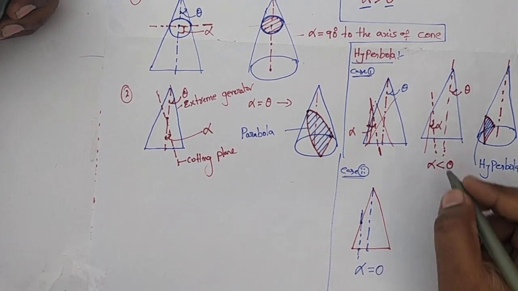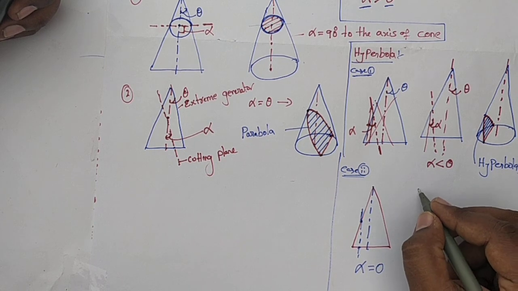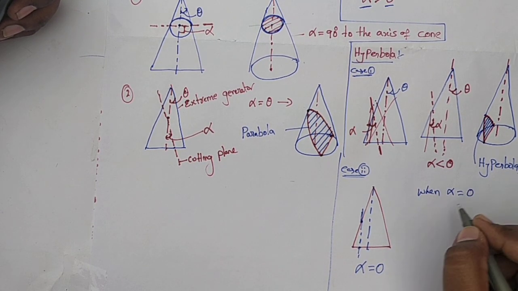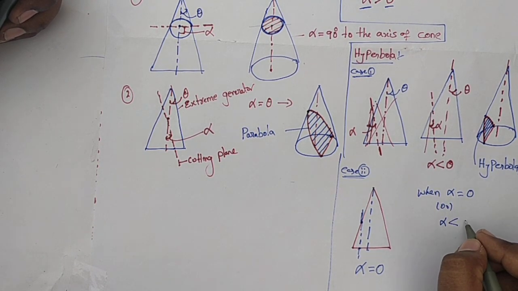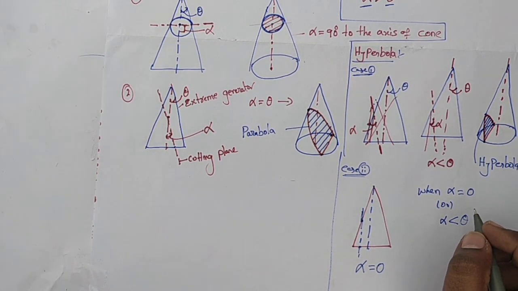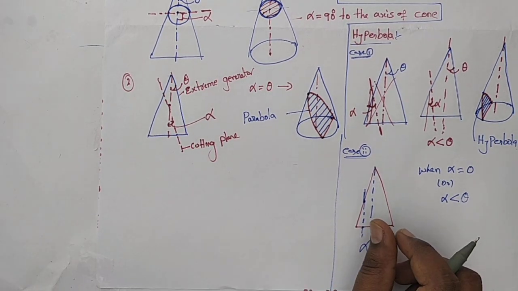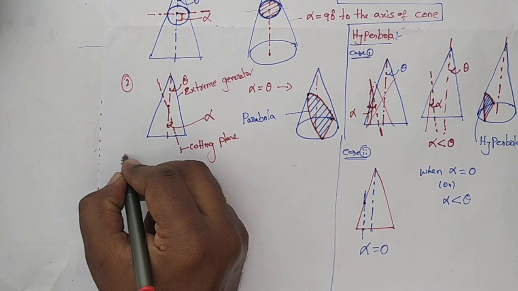So from case 1 and case 2, the hyperbola is formed when alpha equals 0 or alpha is less than theta. In both cases the formed curve is known as hyperbola. Next, coming to the last one, isosceles triangle.